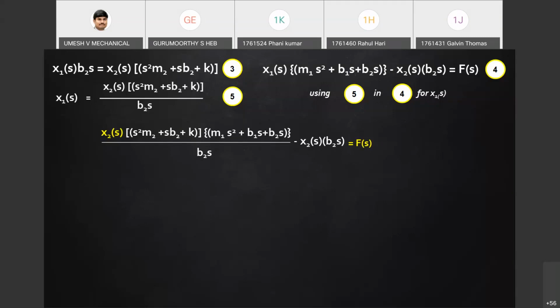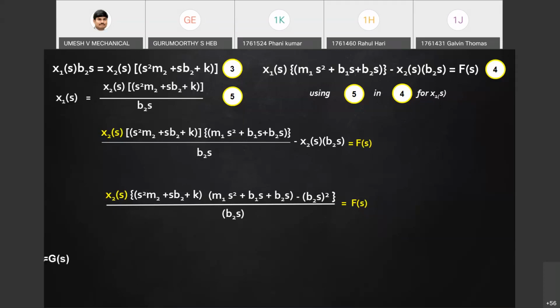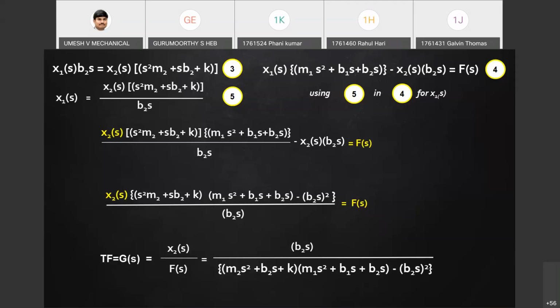Now we have f of s on the right-hand side, x2 of s on the left-hand side. We want x2 of s. So now you have these two equations. If you have pen and paper there, you can just write equations 3 and 4.